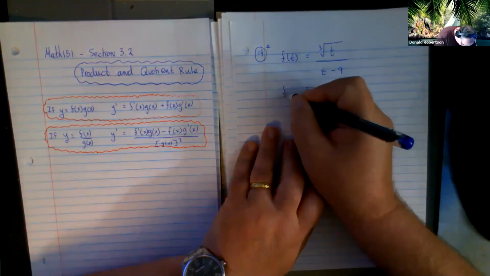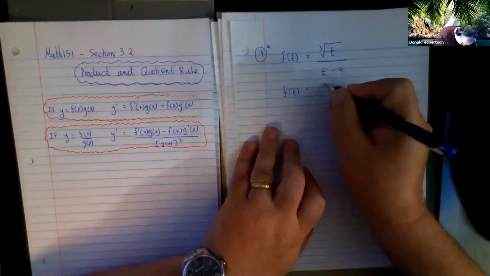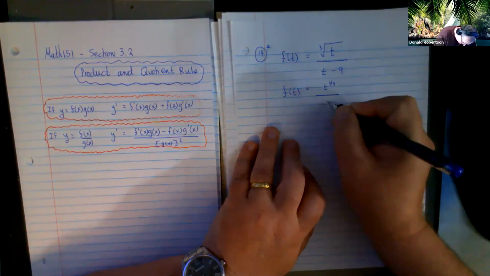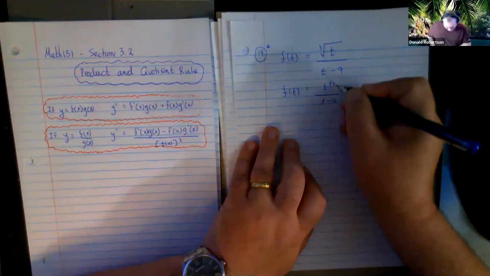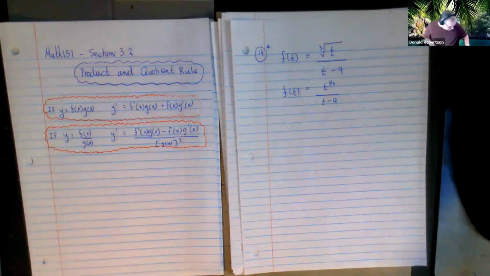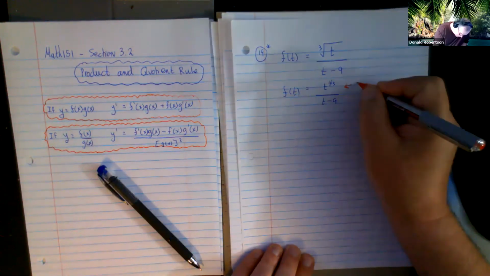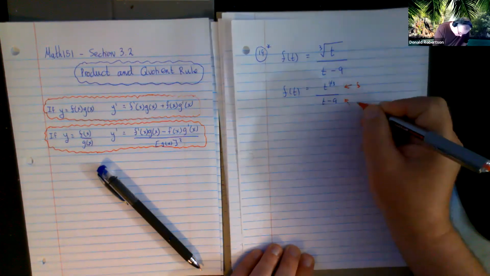Minor cosmetic surgery. The cube root is going to be written as t to the power of 1/3. So there's the top. There's my f and my g.